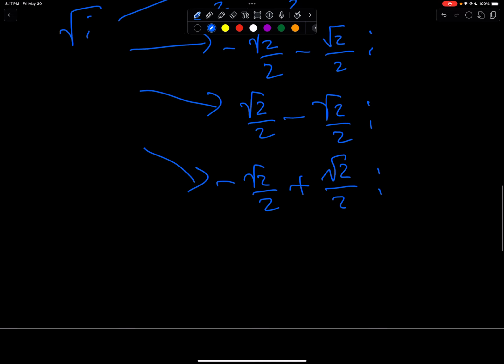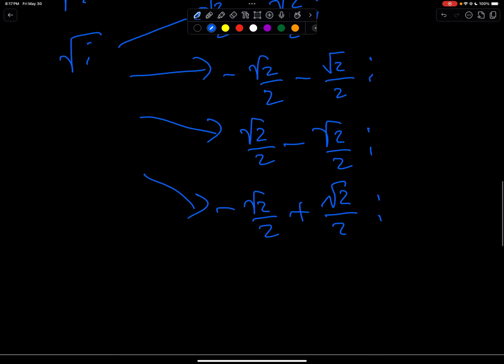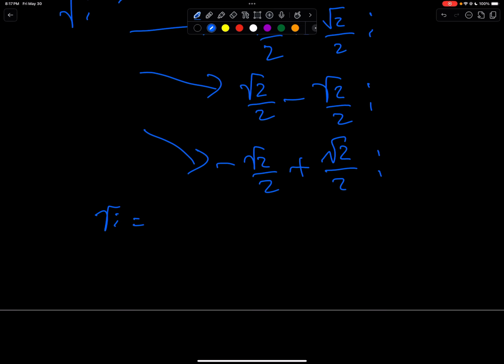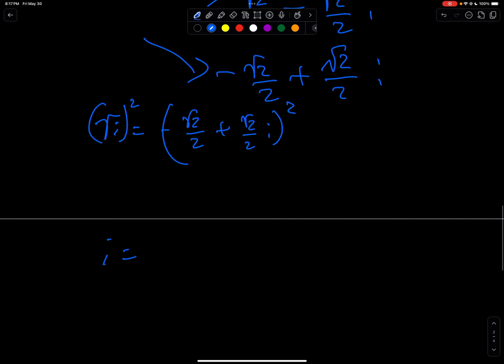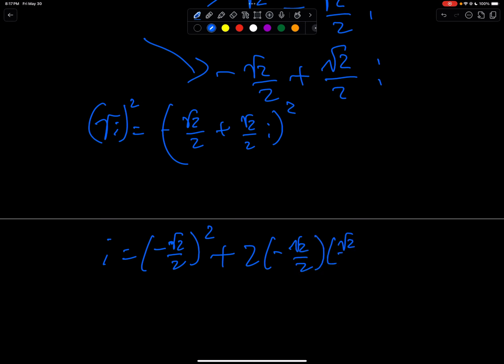And just to check that this actually works here, if we do something like square root of i equals negative root 2 over 2 plus root 2 over 2i, and then square both sides, we can then see that i would then equal the square of this. So we can just use a plus b the whole squared. So this would be negative root 2 over 2 squared plus 2 times negative root 2 over 2 times root 2 over 2i plus root 2 over 2i squared.